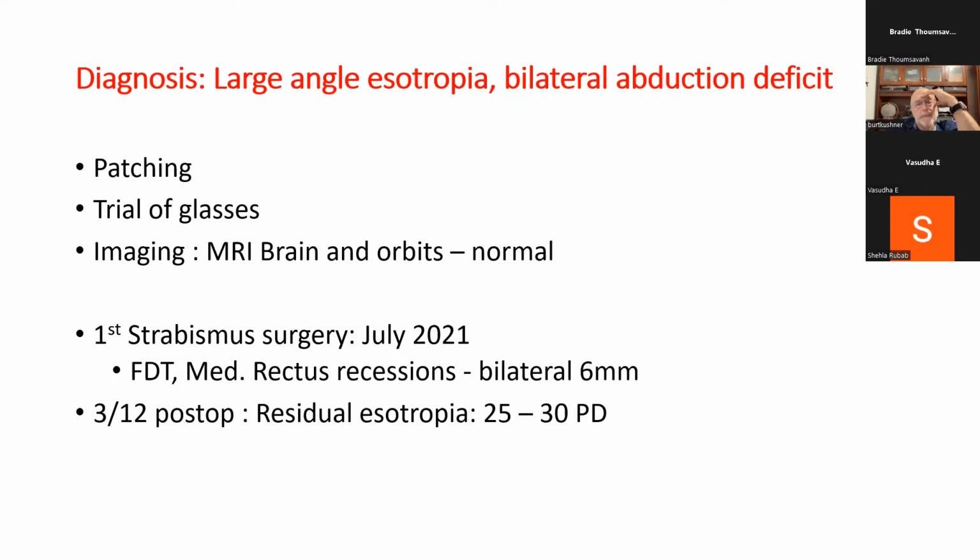So I did forced duction testing, and there was no significant restriction to movement, no contracture developed by then. I did recessions of the medial rectus on both sides, 6 millimeters, and kept following the baby. 3 months post-op, we were able to measure residual esotropia, which was about 25 to 30 prism diopters for distance and near.